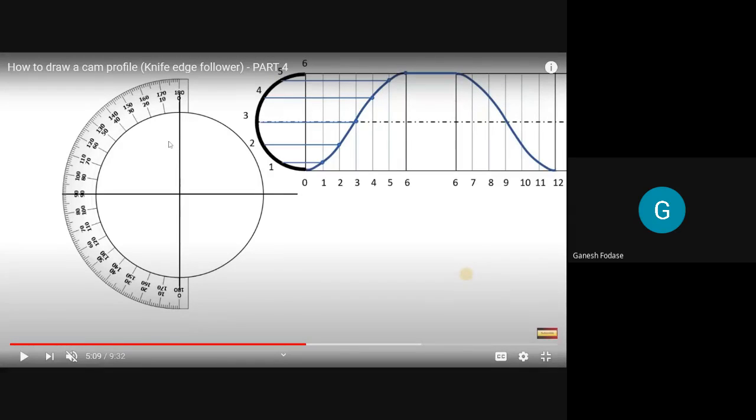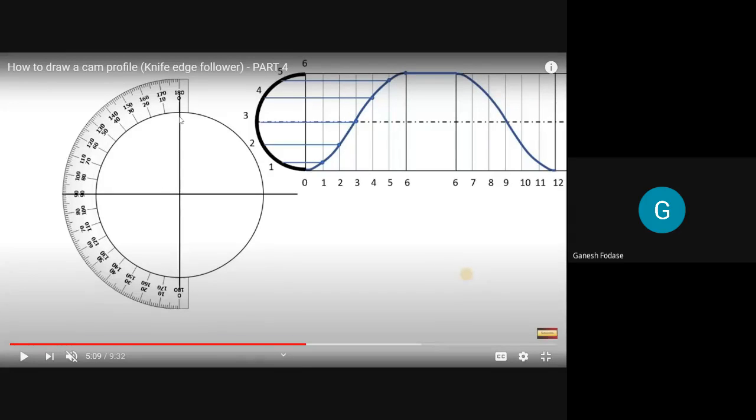In the problem the cam rotates clockwise, hence I will rotate the follower around the cam in the anti-clockwise direction. That's why the cam rotation is very important.